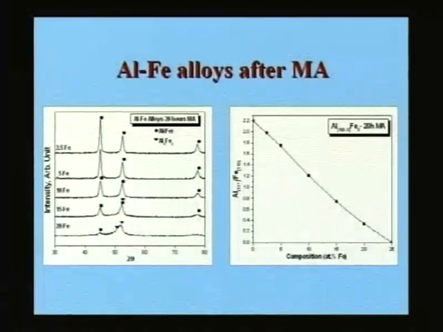Here is one such example, aluminum iron, where different amounts of iron are added to the aluminum: 2.5%, 5%, 10%, 15%, 20%. And as I told you, the most important compound in all these alloys is what? The Al3Fe, Al3Ti, this type of phase.